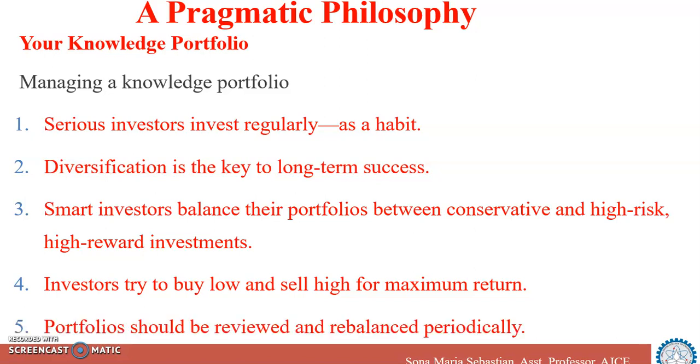And the last point, a knowledge portfolio should be reviewed and rebalanced periodically. That is an important point. It is very essential to review and rebalance the portfolios. These are the five points to manage a knowledge portfolio.